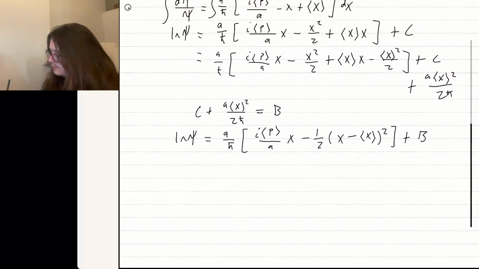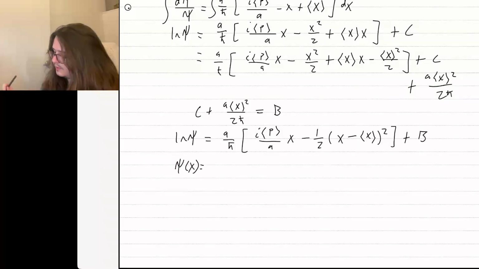Now the next logical step is to raise both sides to the e, so we can have psi of x as a function. So it's e, and I'm going to leave it as an exponent for now just because things are still kind of gross.